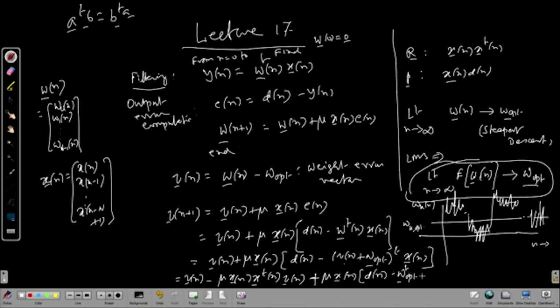This also I write as x transpose n W opt, using A transpose B is B transpose A. W opt transpose x n is same as x transpose n W opt.